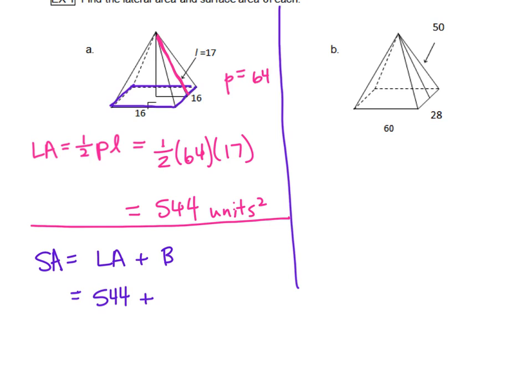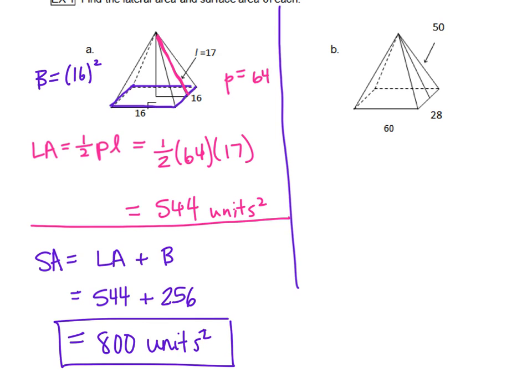So our area of the base is equal to 16 squared. And 16 squared gives us 256. So to get that total surface area, we just add those together, and we get 800 units squared.